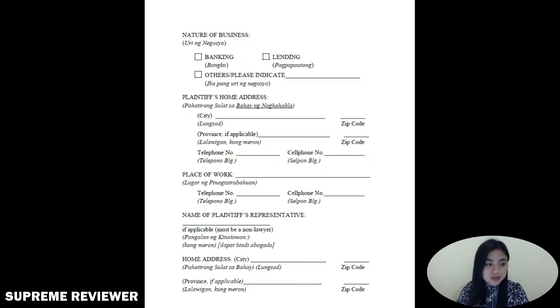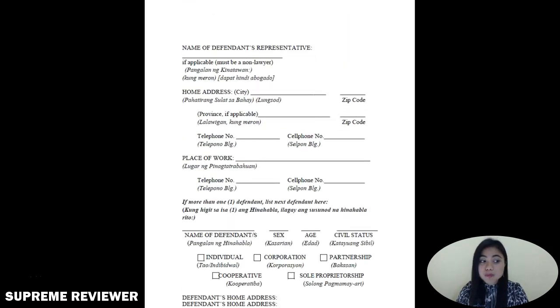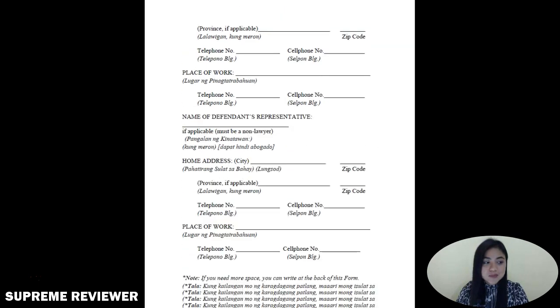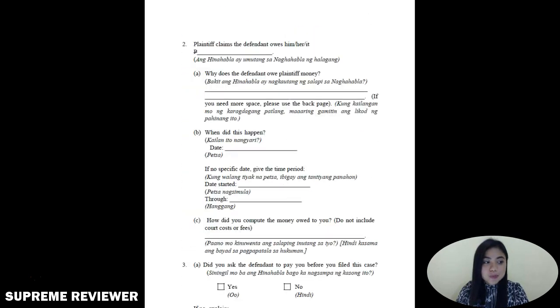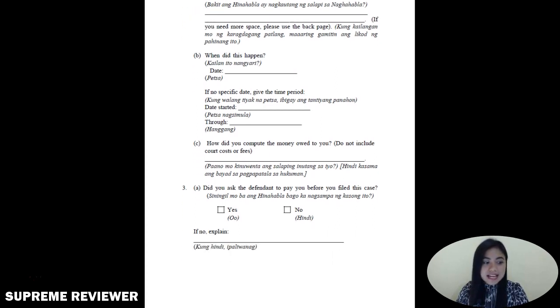Okay, let's browse through this. And then number 2 states, plaintiff claims the defendant owes him or her or it blank, so the amount of money. All right. And then number 3, did you ask the defendant to pay you before you file this case?